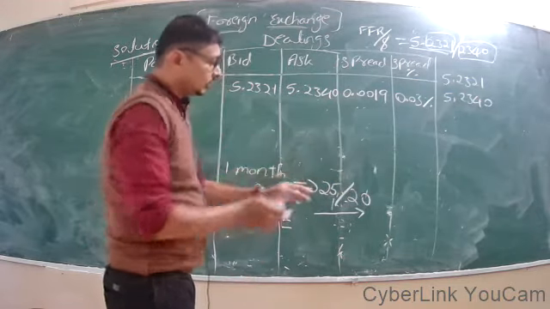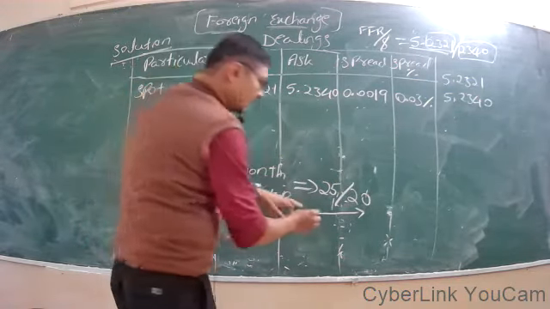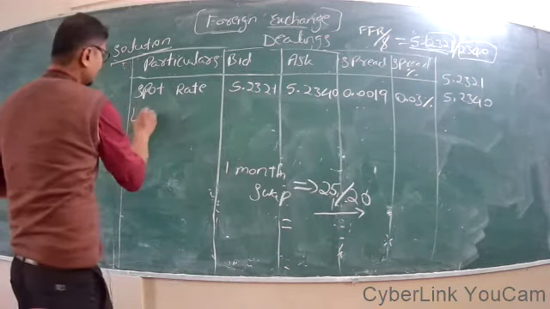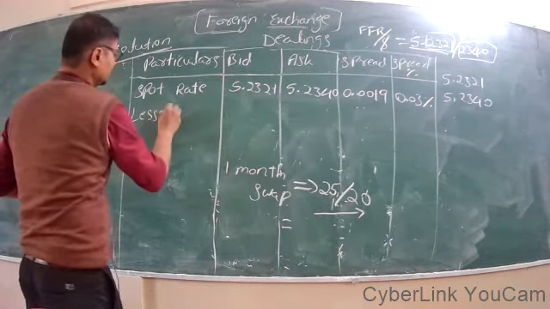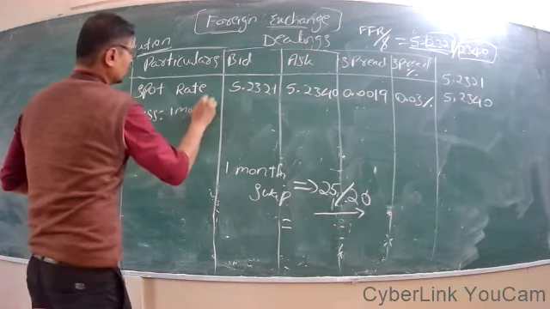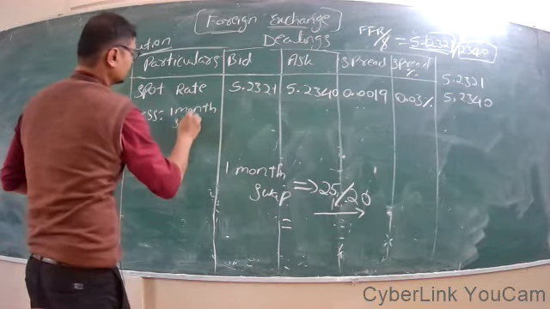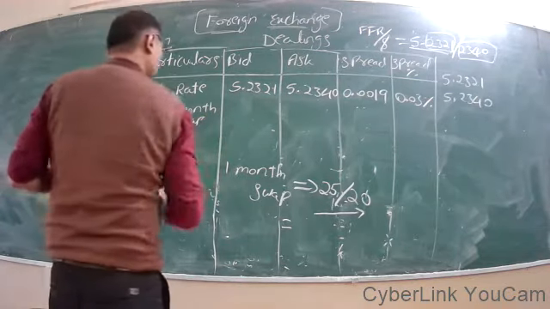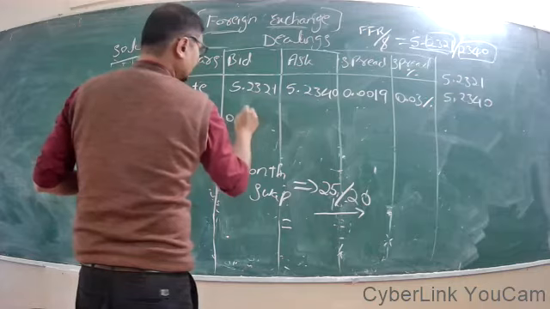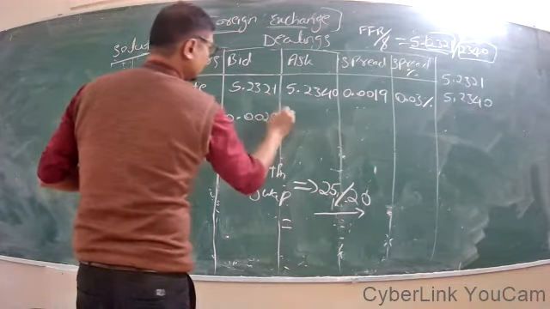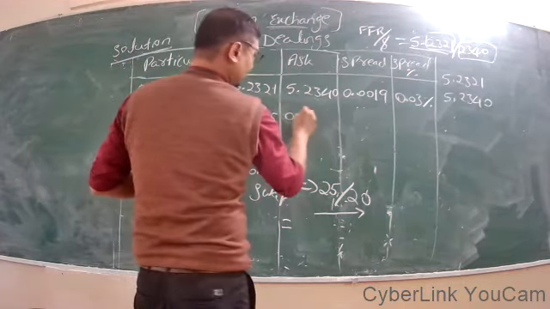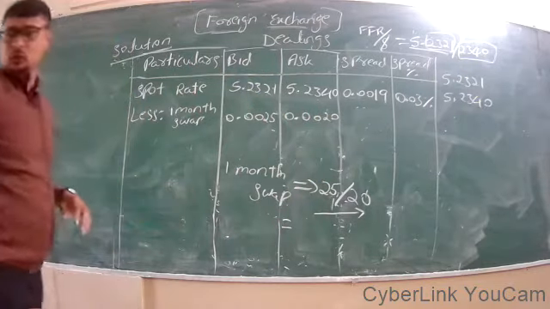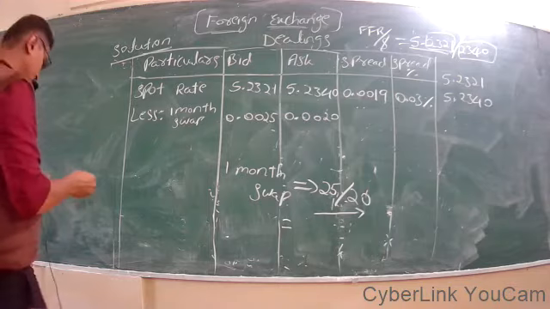If it is in decreasing order while reading from left to right, you have to deduct the 1 month swap, that is 0.0025 and 0.0020. Only the last two digits you have to adjust.